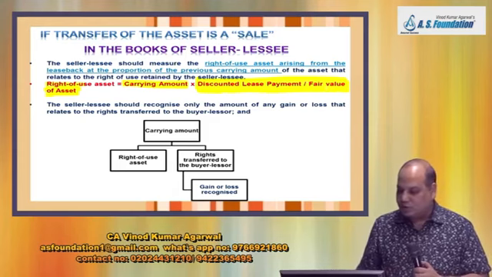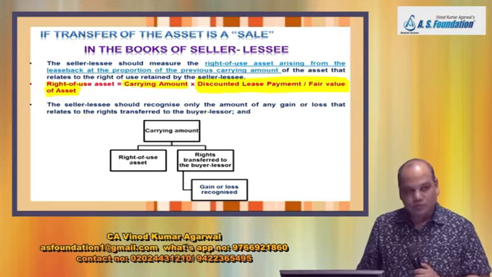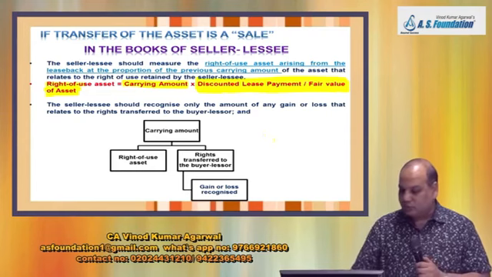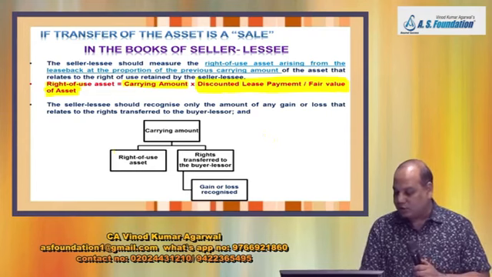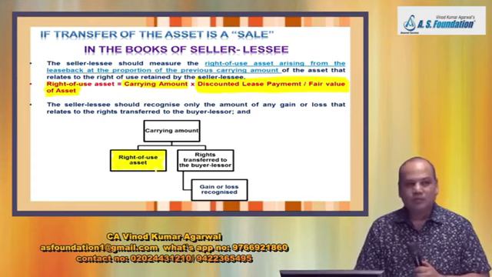The seller lessee should recognize only the amount of any gain or loss that relates to the rights transferred to the buyer lessor. I will not calculate the gain or loss on that portion of the carrying amount that I have retained.